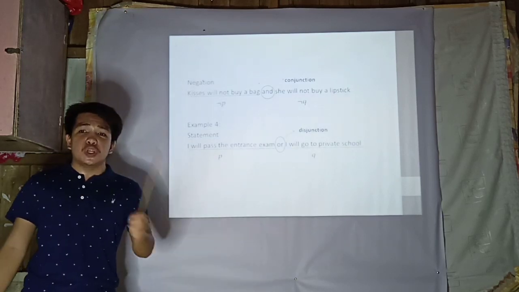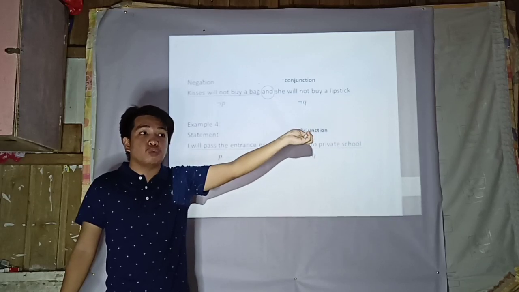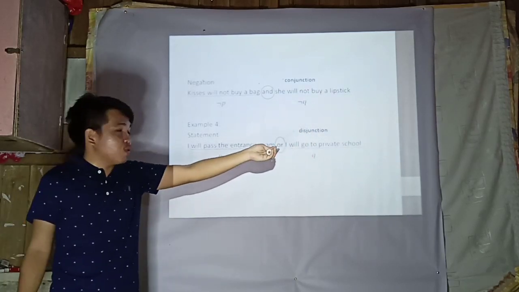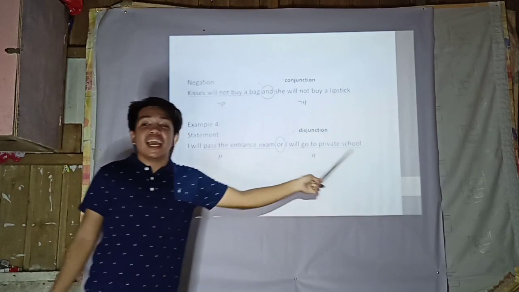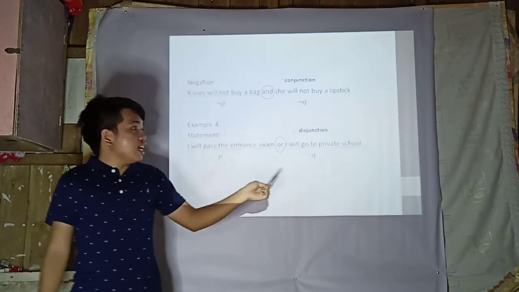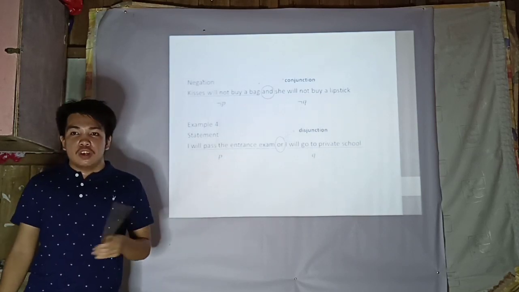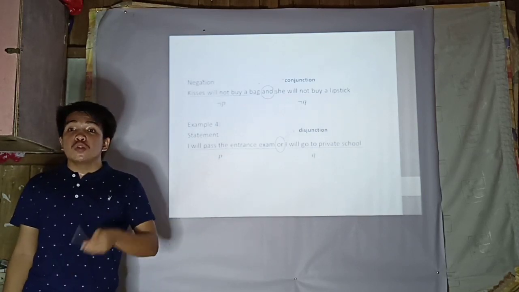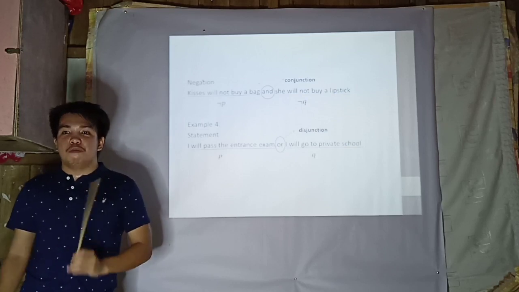So the logical operator used in this statement is disjunction. So the disjunction denotes the word or. Then we must negate this statement, changing or into and, in order to follow the rules of the De Morgan's law for logic.